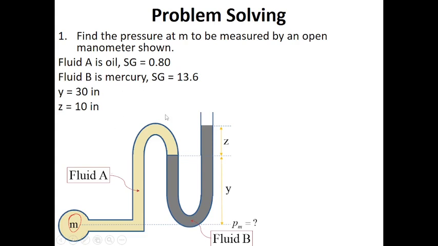For fluid B, mercury, the specific gravity is 13.6. Then Y is 30 inches. So this is 30 inches. This is 10 inches.